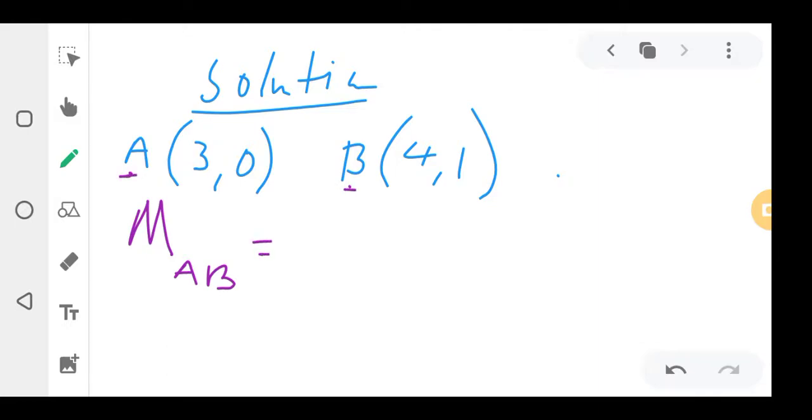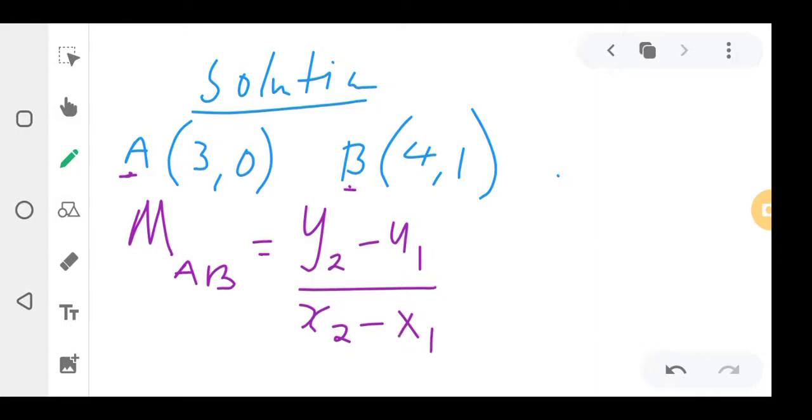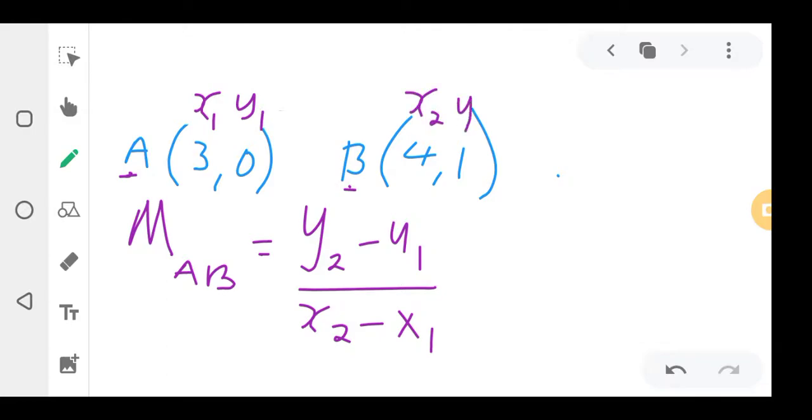And then you write the formula for the gradient. I taught you that formula in the previous lectures. So y2 minus y1 over x2 minus x1. Okay, so this is my x1, y1. This is my x2, y2.